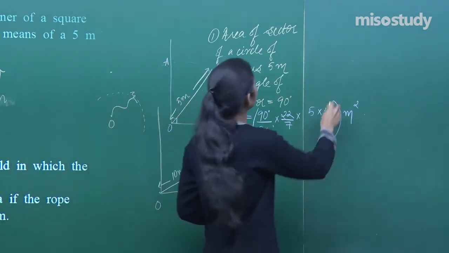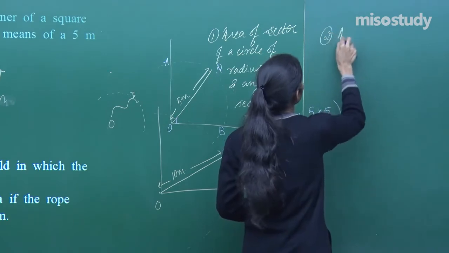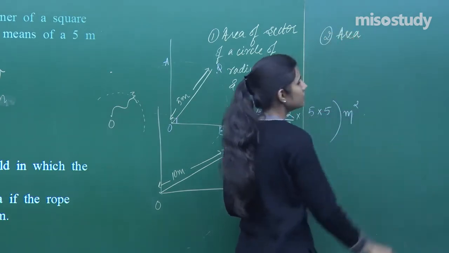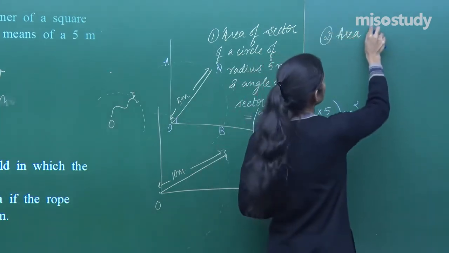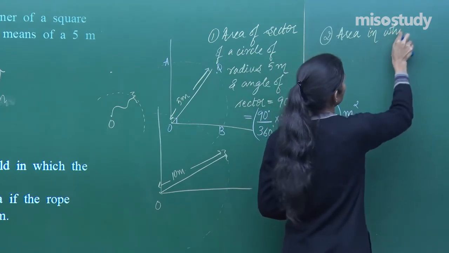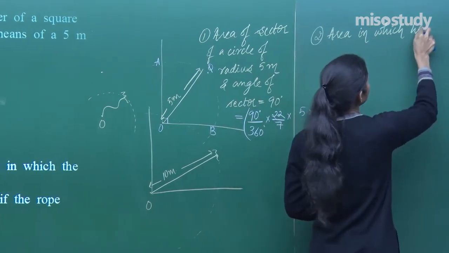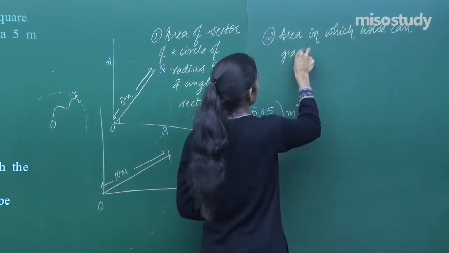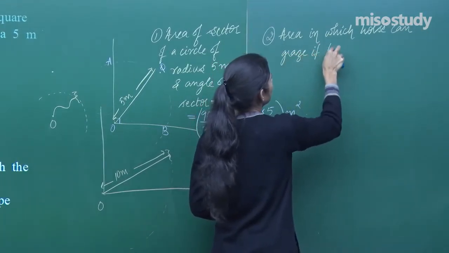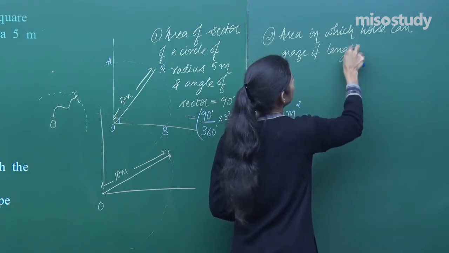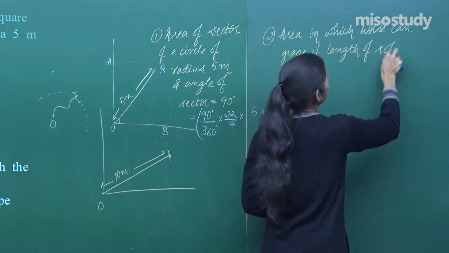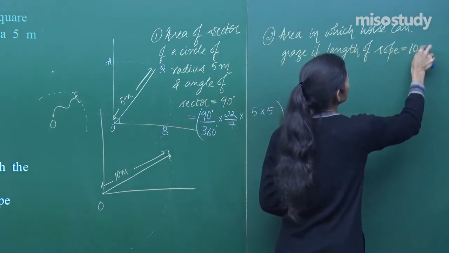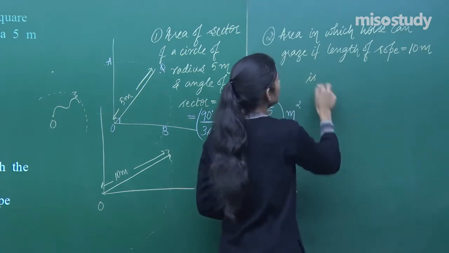So the area in which the horse can graze if the length of the rope is 10 meters is what?